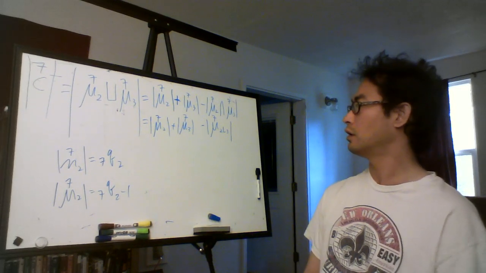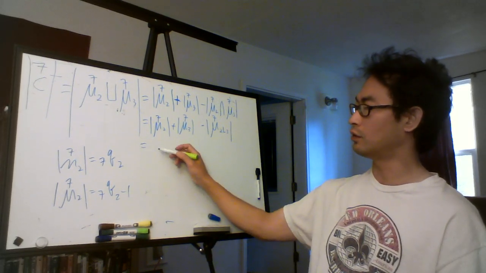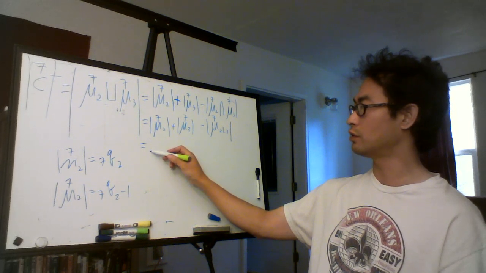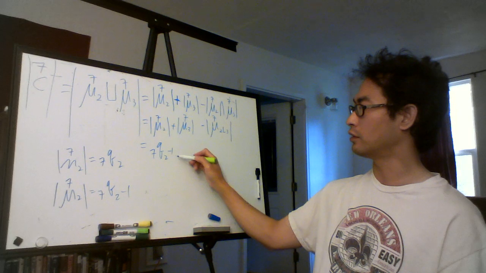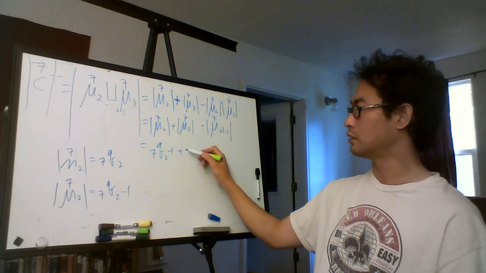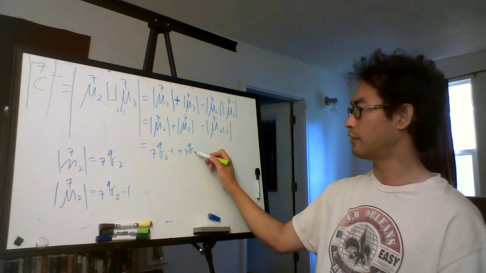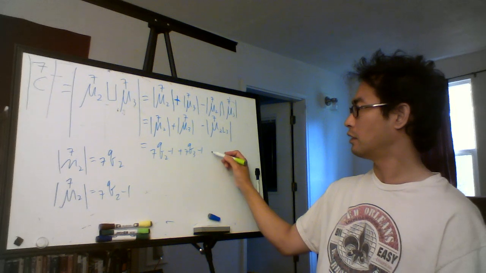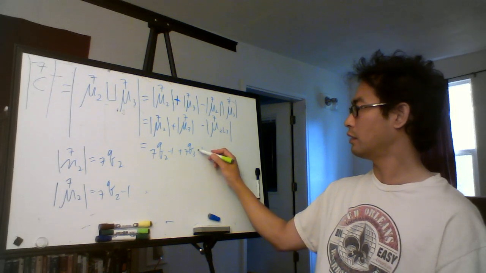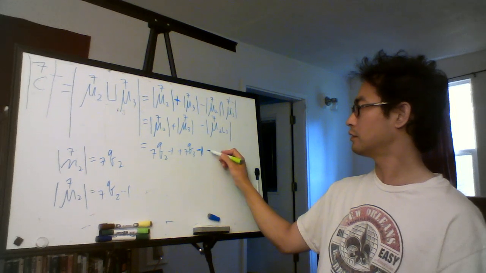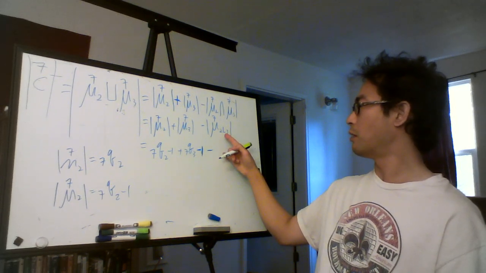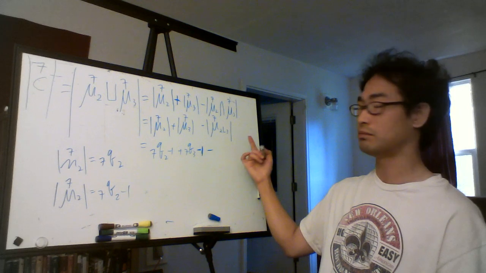Okay, so yeah, we can convert that all into this quotient algebra. Okay, 7 quotient 2 minus 1 plus 7 quotient 3 minus 1, minus, yeah, what's the least common multiple of 2 and 3? 6.